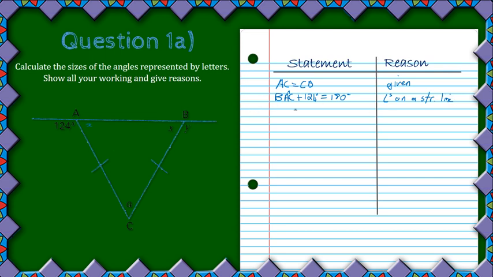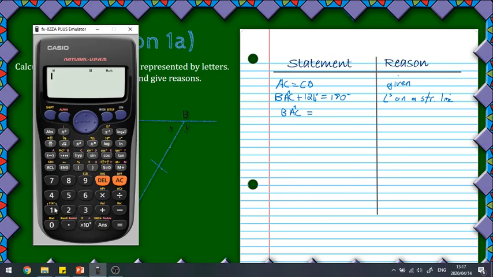Alright, so now we just solve for BAC. So BAC will then be equal to 180 minus 124, and that gives us 56 degrees.